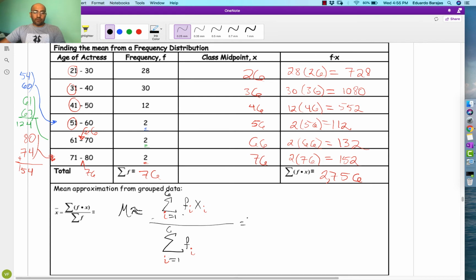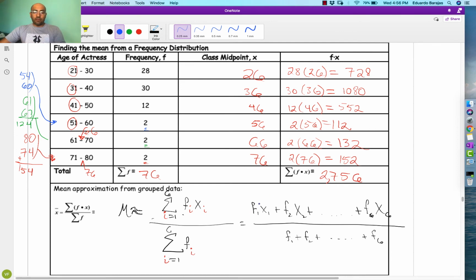Just to really highlight this, you don't have to do this, but this is going to be f1 x1 plus f2 x2 plus dot dot dot, and we don't stop until we get to f6 x6, and then the denominator is also f1 plus f2 plus dot dot dot plus f6.